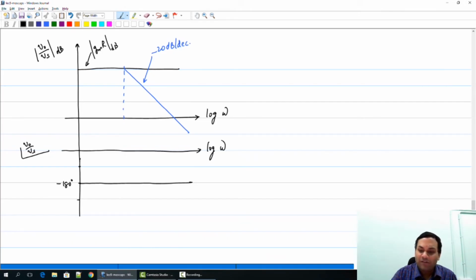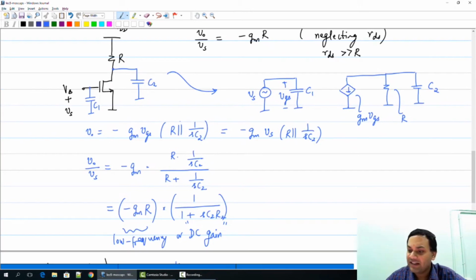And the pole frequency in this case is at 1 over RC2. And also this frequency at which the gain goes to 1 is often called the unity gain frequency, and that can easily be calculated from the previous expression here.